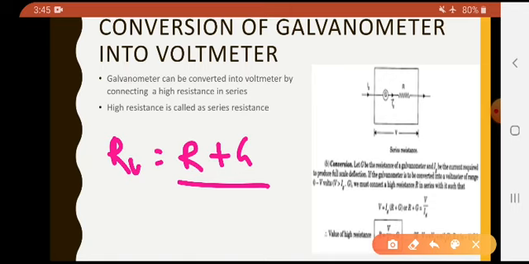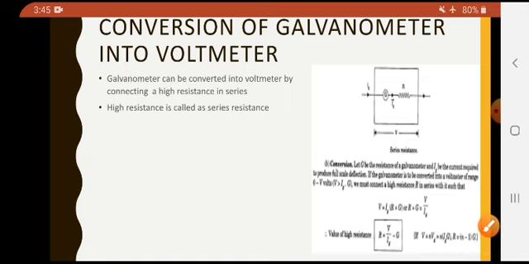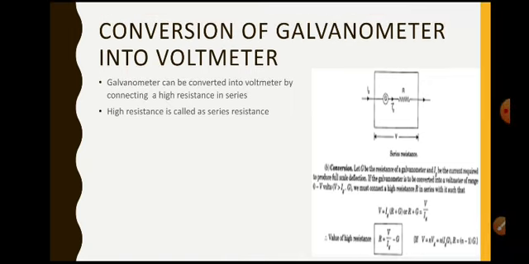The resistance of the voltmeter RV is high and it will not draw much current from the circuit. So a voltmeter is a combination of a galvanometer in series with a high resistance.